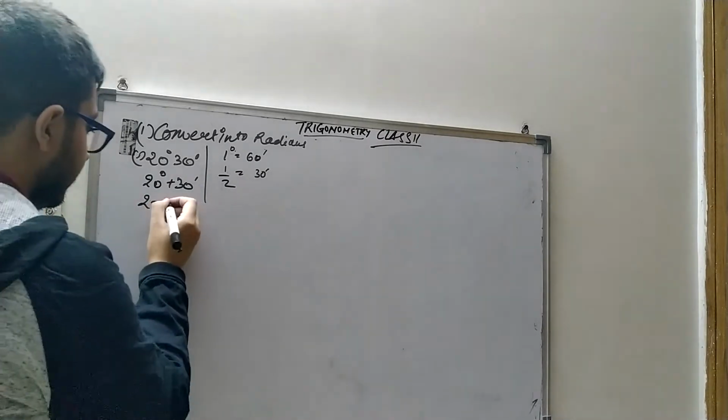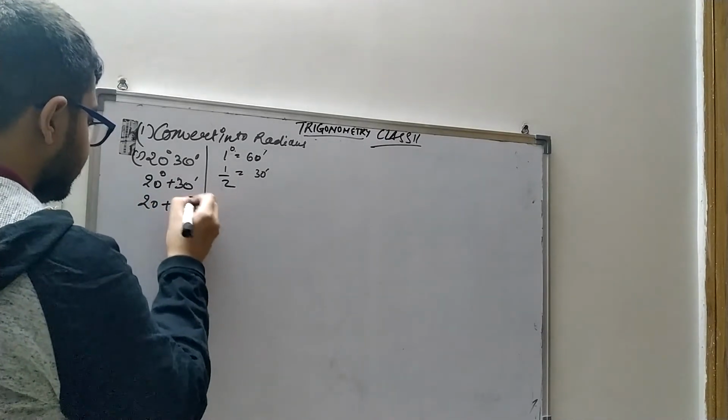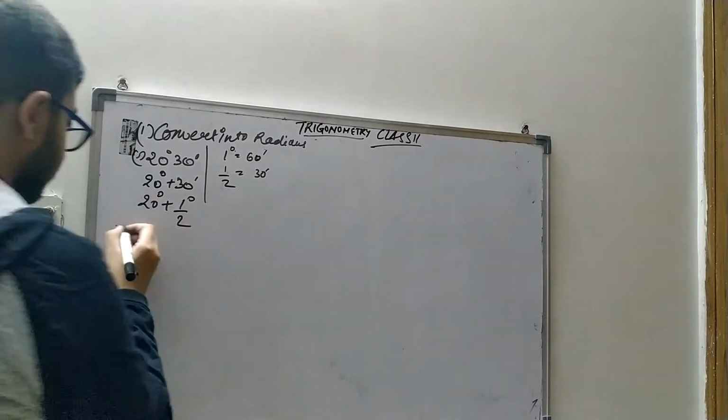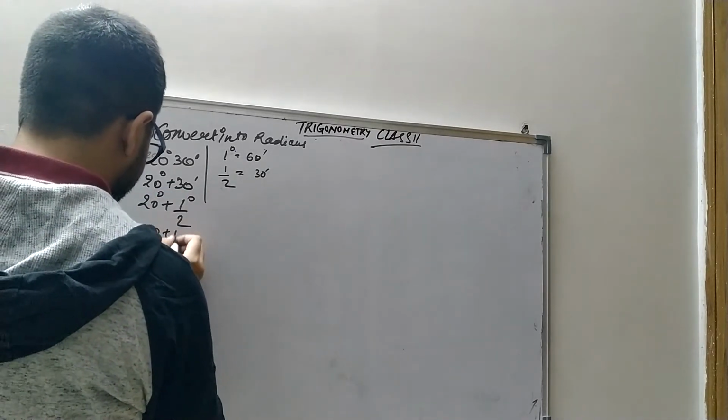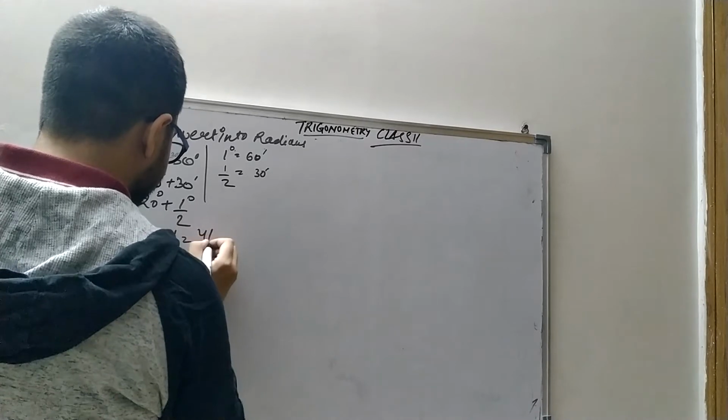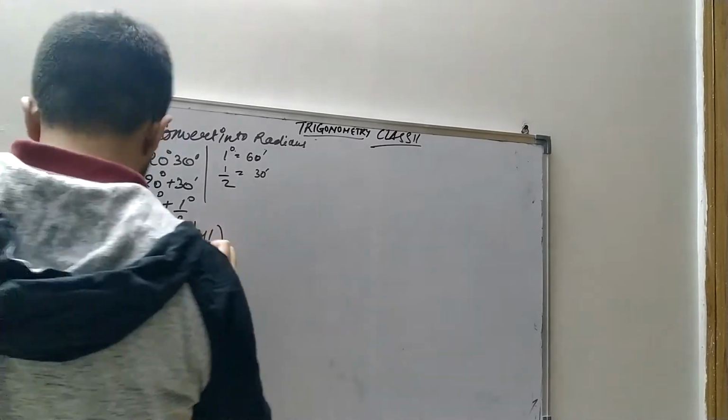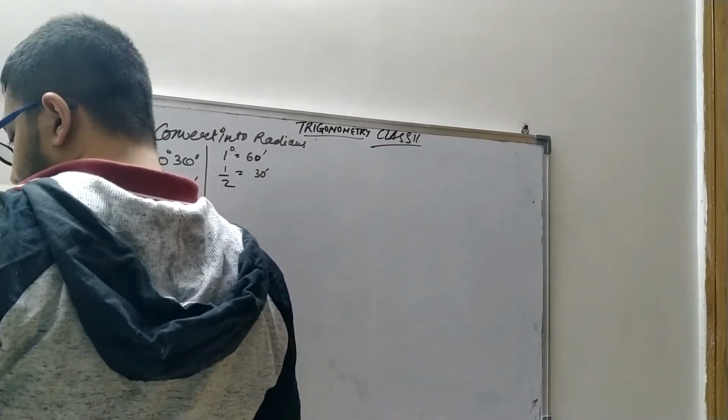So we take 20 plus half degree, 40 plus 1 by 2 is 41 by 2.